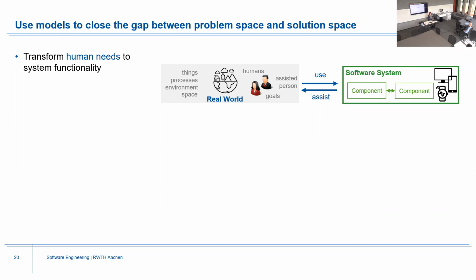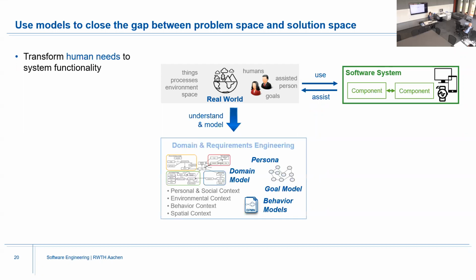So therefore, one of the additional ideas for future research we have now is that we also take aspects from the, let's call it problem domain, into our solution space, and take requirements models more into account also in generative processes.